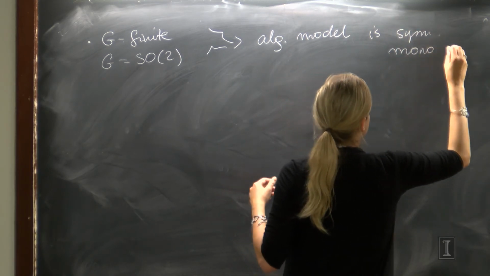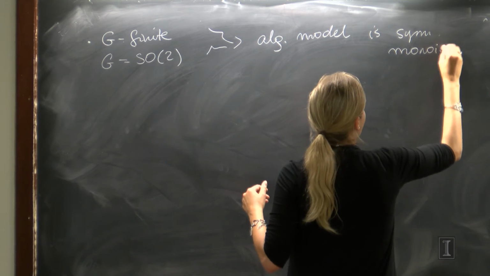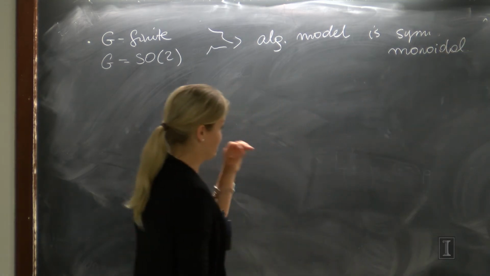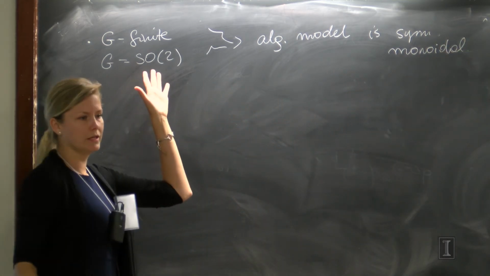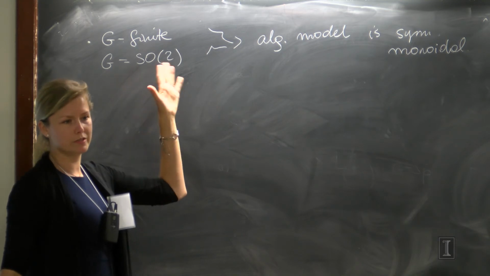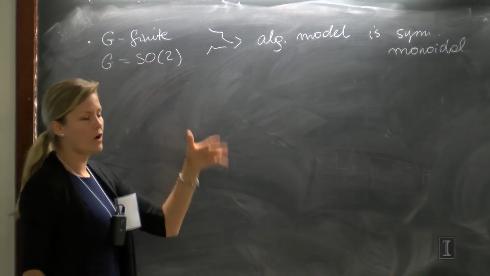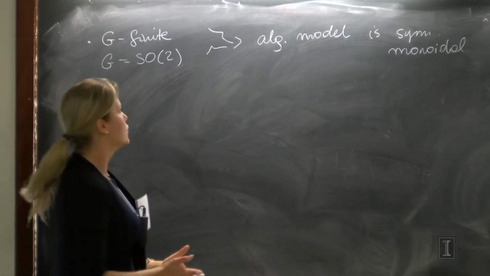It's quite dangerous to say things like that, but let me explain what I mean. I mean all the Quillen adjunctions that I'm going to use to get to the algebraic model are going to be symmetric monoidal.